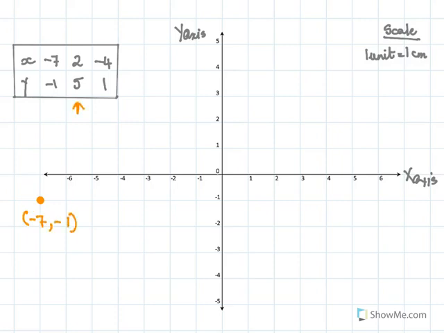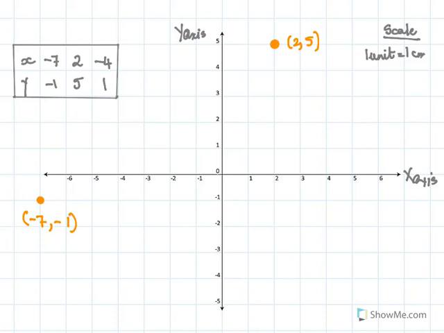Next point is (2, 5). x 2, y 5. And the point x 2, y 5 would be somewhere here. This is 2 here, and here is 5. The next point, (-4, 1).